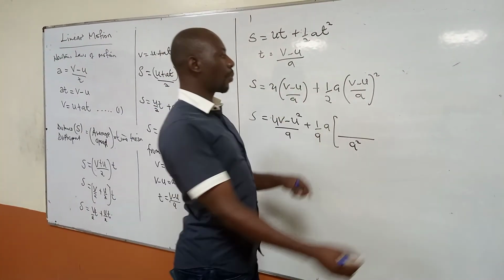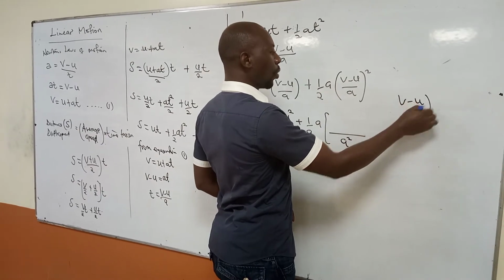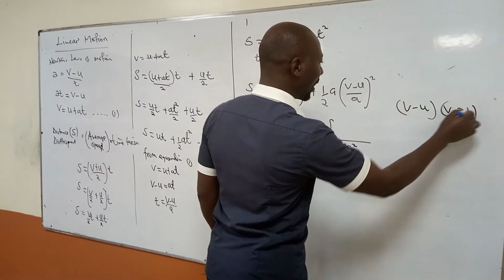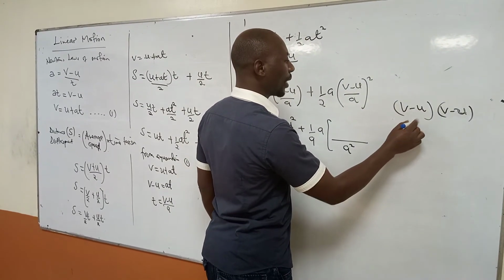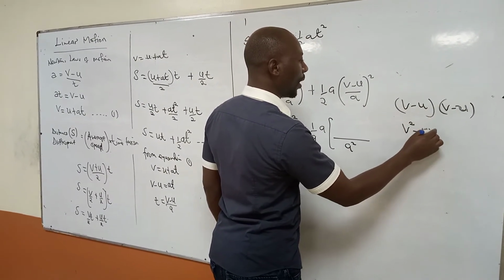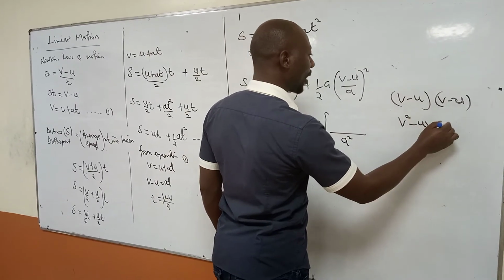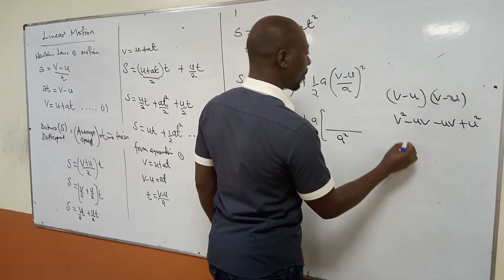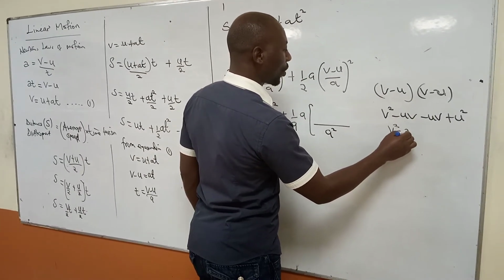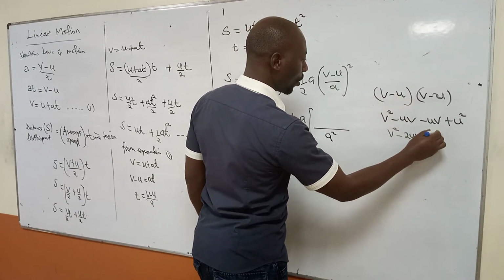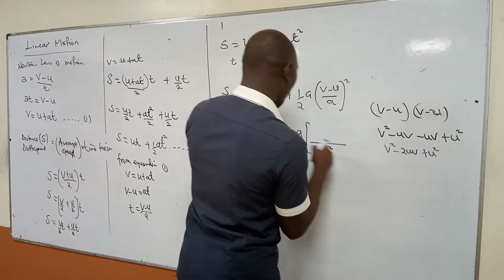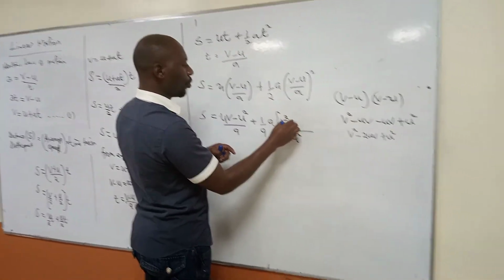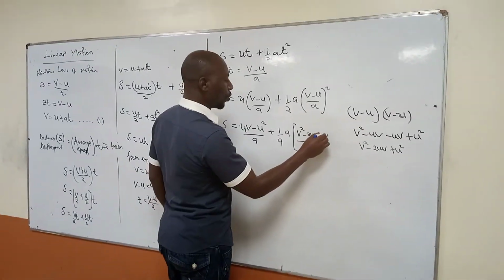If we expand this bracket, that is v minus u multiplied by v minus u, you expand this one binomially such that it becomes v squared. This times this will be minus uv. This times this will be minus uv again. This times this will be plus u squared, such that it forms v squared minus 2uv plus u squared. So that is the expansion of the upper bracket.